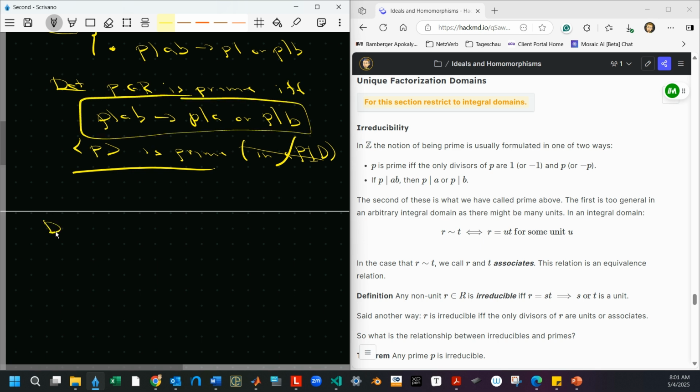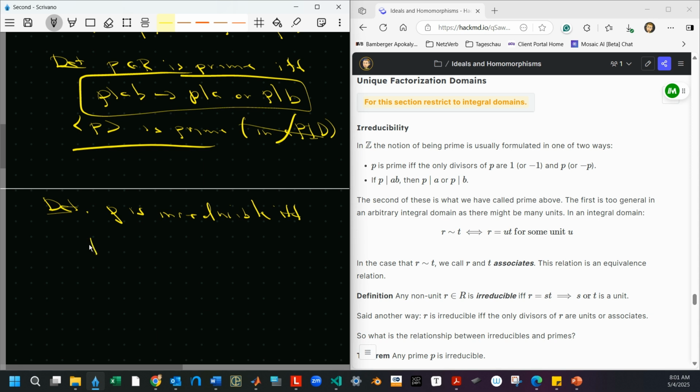And the other definition is P is irreducible if and only if, if P equals AB, then, well, let's see, how do I want to say this? There are two equivalent things I could say.